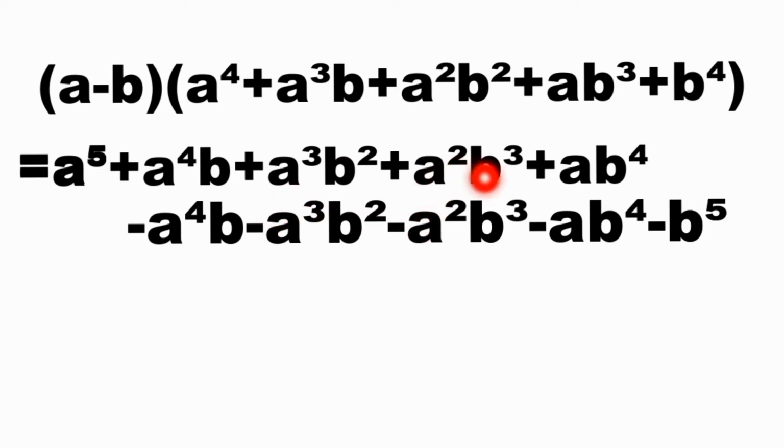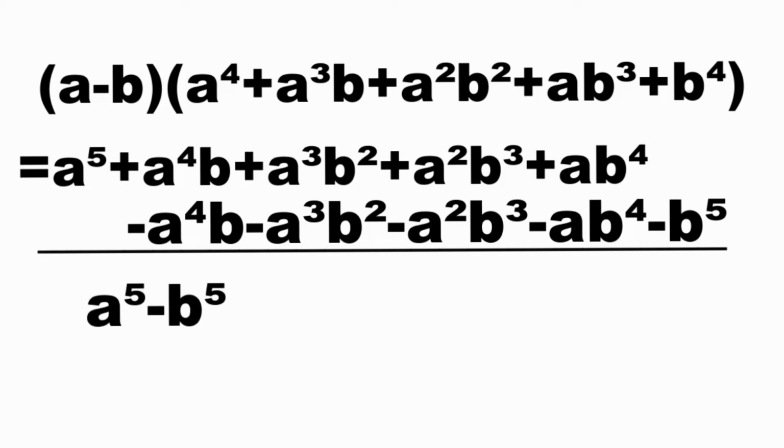A squared B cube, opposite in sign, so this is 0. And also with this one, this is 0. So all of these terms are 0. So what are the two terms that are going to be left is this one. So the final answer is A to the fifth minus B to the fifth.